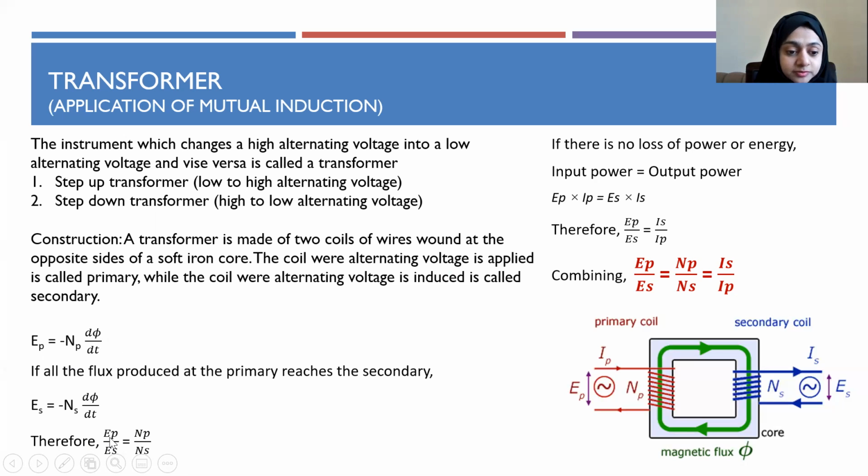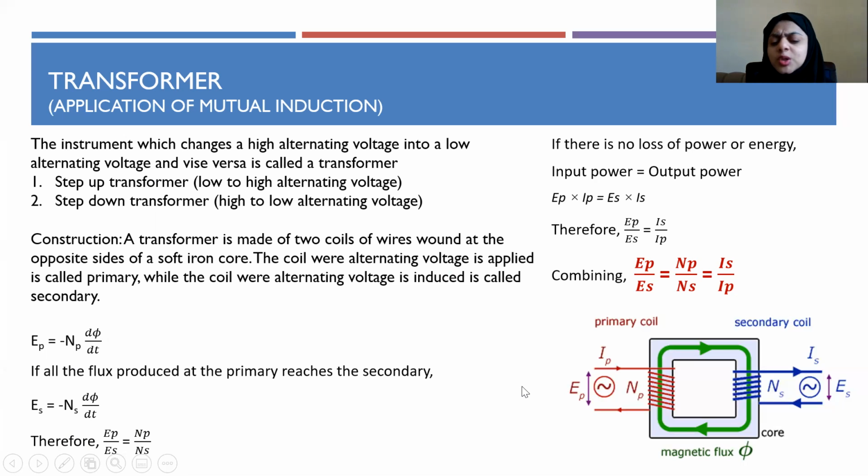So here we see that the number of turns in primary is directly proportional to the EMF in primary, and the number of turns in the secondary is directly proportional to the EMF in the secondary. A step-up transformer changes a low voltage to high voltage.